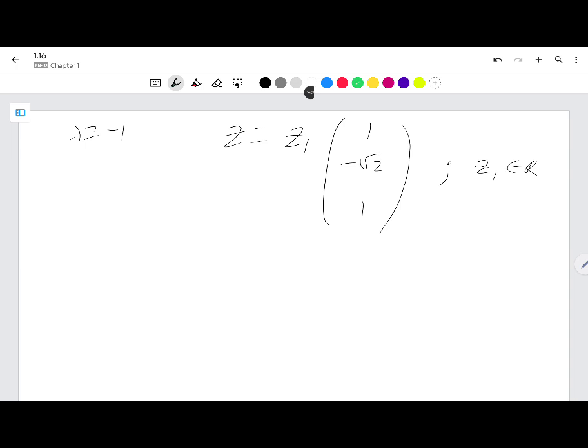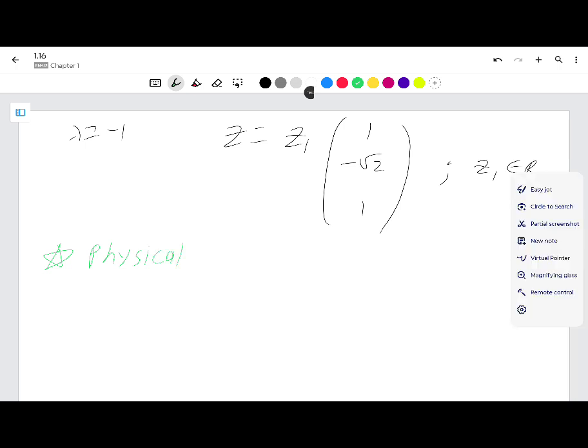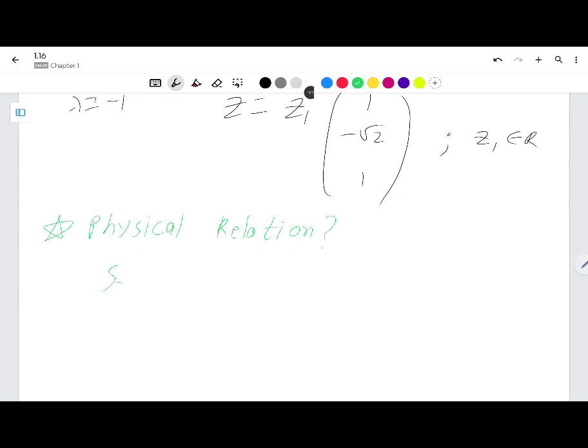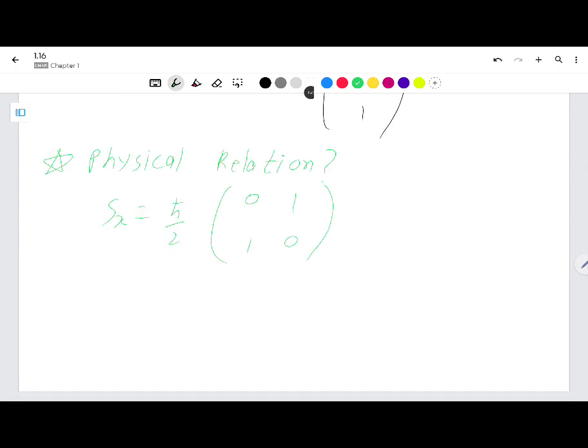Now, what about the physical relation? Okay, so remember how we write h bar upon 2. If you observe closely, this is for spin half.